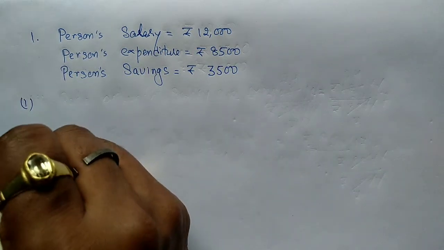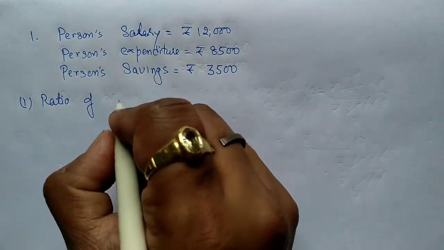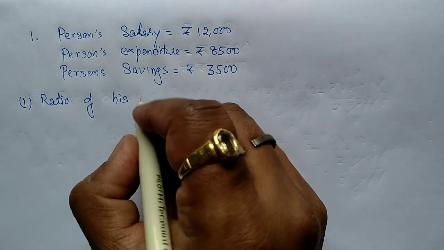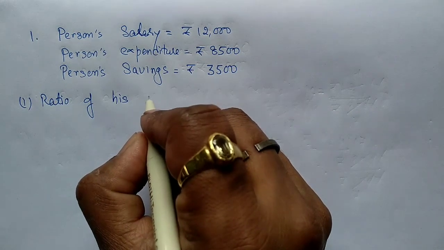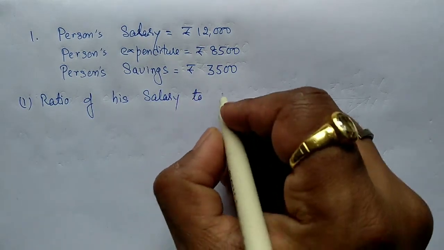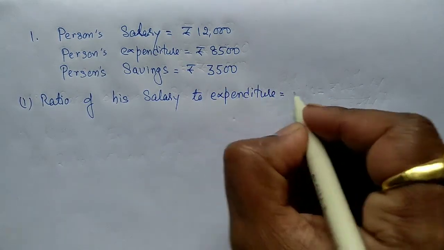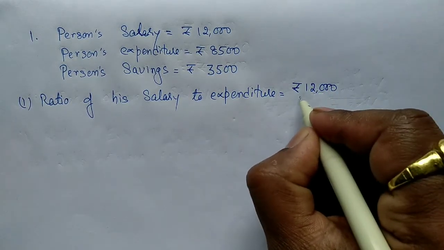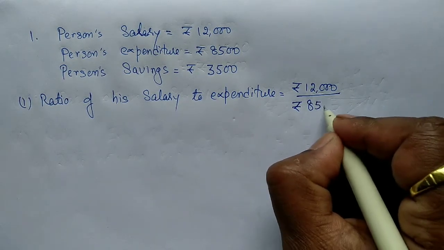We can do number 1 now. Ratio of his, I can write his because the question says his, the first one was salary to expenditure, salary to expenditure or income to expenditure, same thing, will be equal to rupees 12,000, as the income or the salary comes first, so I have written 12,000 upon rupees 8,500.